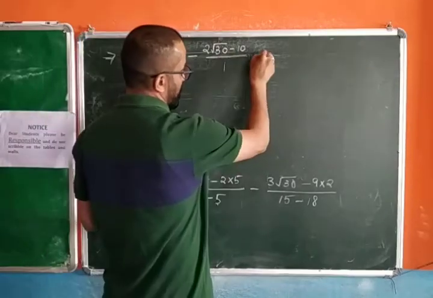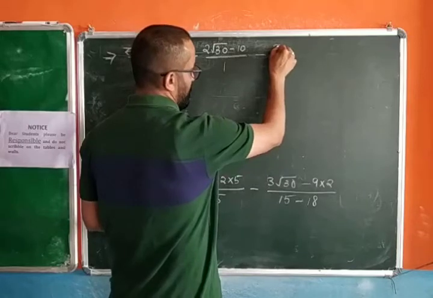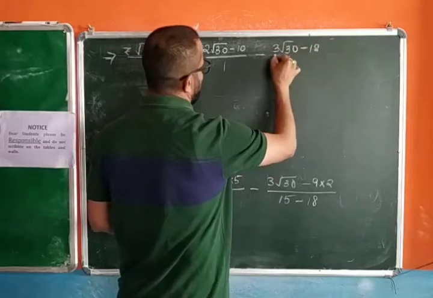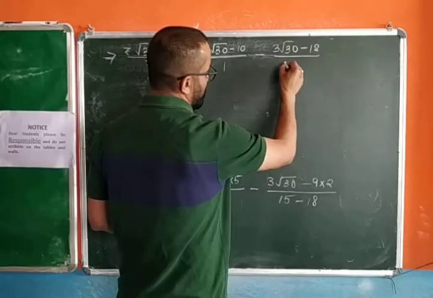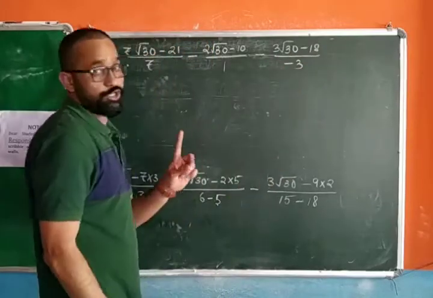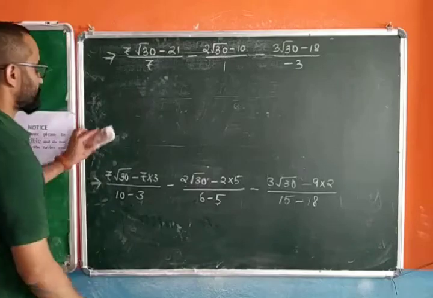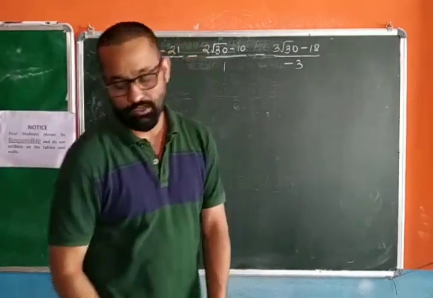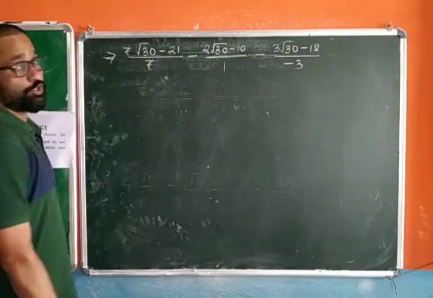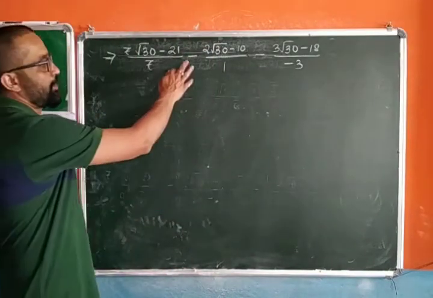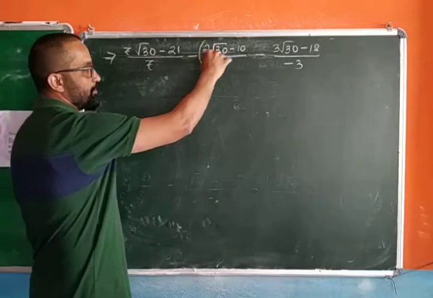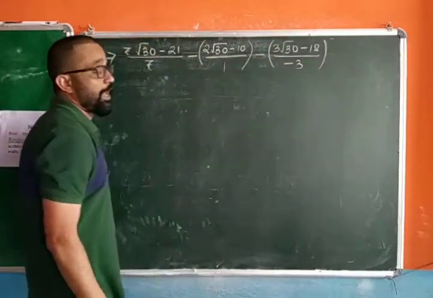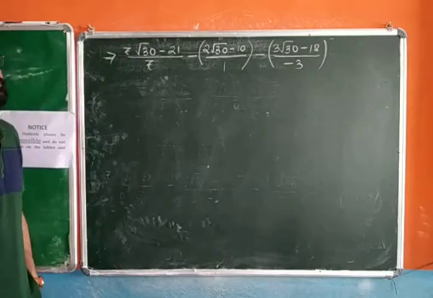You have again a minus sign here: (3√30 − 18) divided by minus 3. Look at the calculation part. We can divide them individually now. But you have to remember one thing, there is a minus sign here, so this term should be kept inside a bracket. Otherwise your calculation will be wrong.